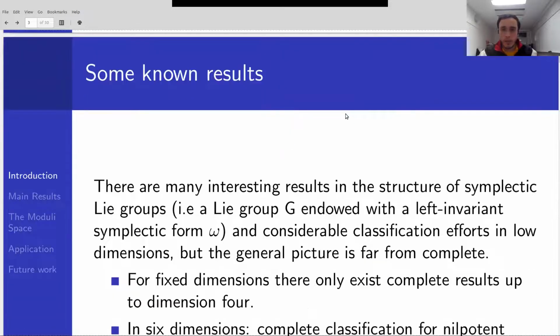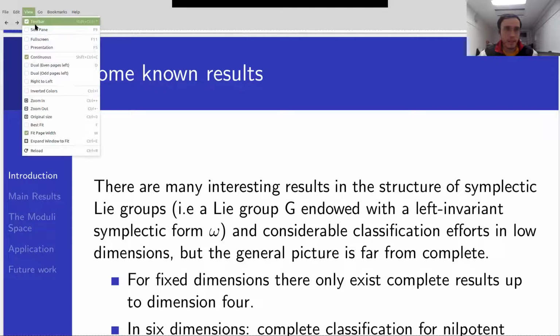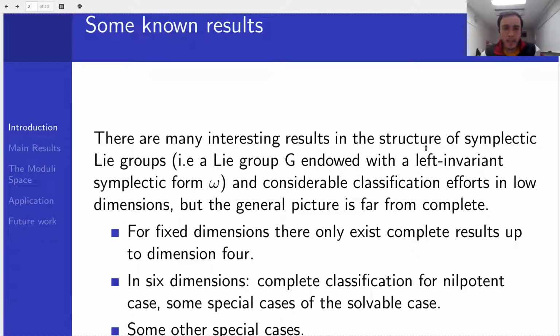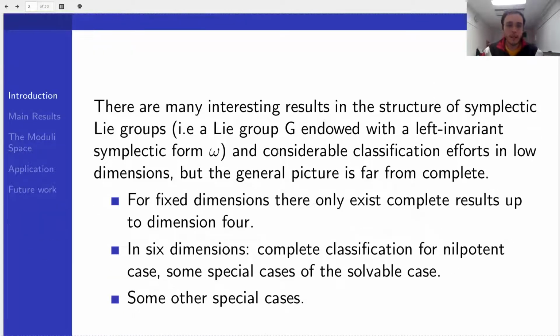So, some known results. There are interesting results in the structure of symplectic Lie groups, and I always like to clarify that by symplectic Lie group I mean a Lie group that is endowed with a left-invariant symplectic form.